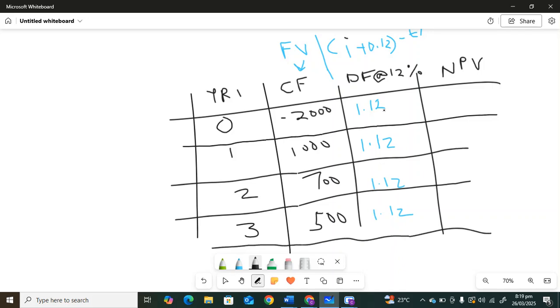So we come to our discount factors. In year 0, it's 1.12 to the power negative 0. Remember, anything to the power 0 is always 1. So in year 0, your discount factor is always going to be 1.